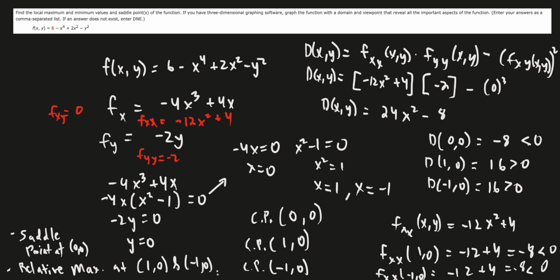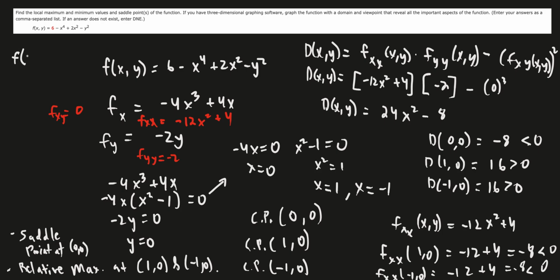But what are the actual values of these maximum and saddle points? So what's the function value? We have a saddle point at the location 0, 0, but what is the saddle point value itself?